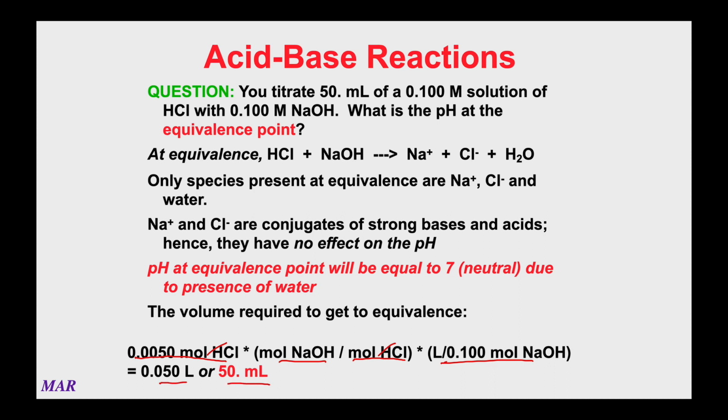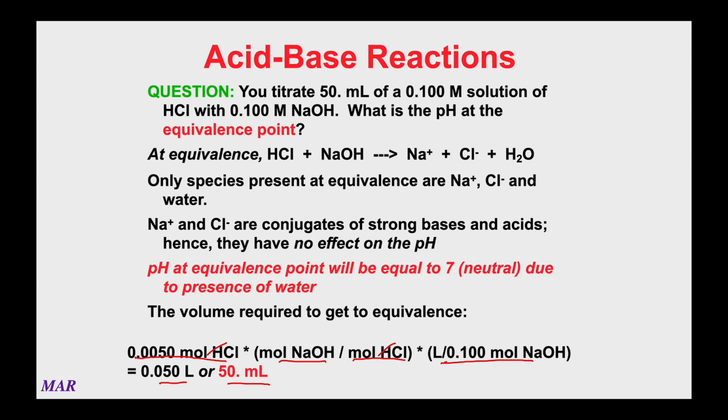Now for this problem, that probably seems a little silly because as we talked about, the concentrations are equal, so the volumes would have to be equal to get to equivalence. However, if the concentrations were not equal, this may not be as obvious. So you can do this kind of process. Moles of acid can be turned into moles of base, and then volume of base using concentration.